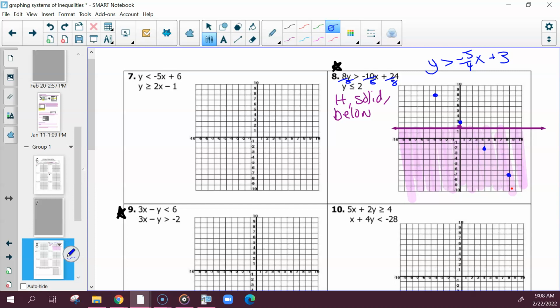Is this going to be dashed or solid? Shaded above or below? Above.